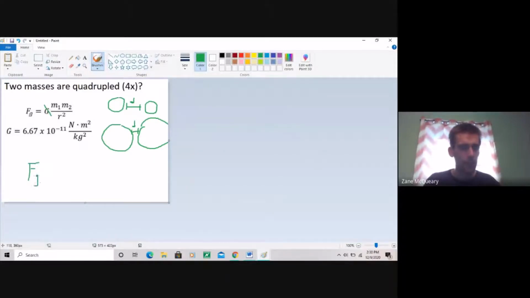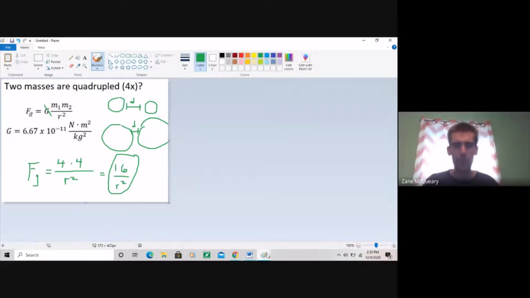Fg is equal to, well, we said the distance doesn't change. And we got mass 1 has been quadrupled, mass 2 has been quadrupled, and those are multiplied. So now the force of gravity is 16 times stronger than it used to be. All right, so kind of the same thing we did before, instead of substituting in for one mass, now we have 2 because 2 things have changed.